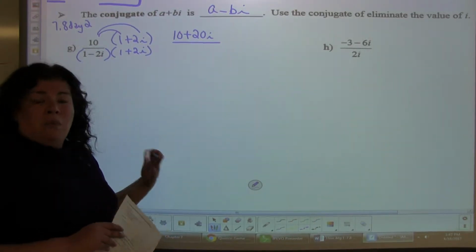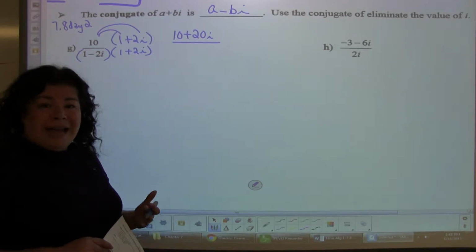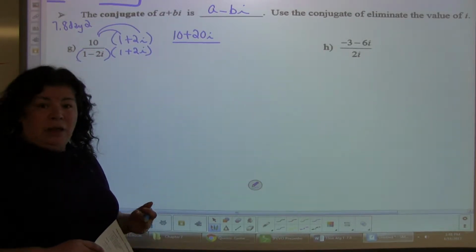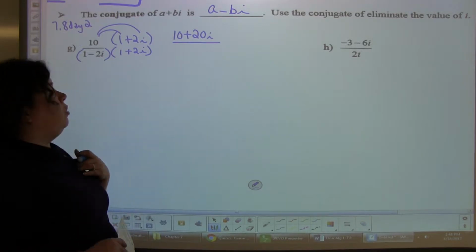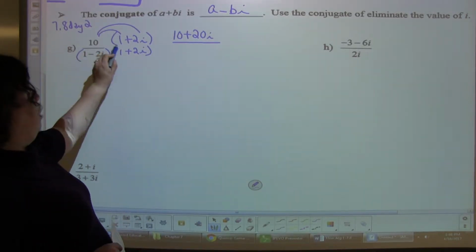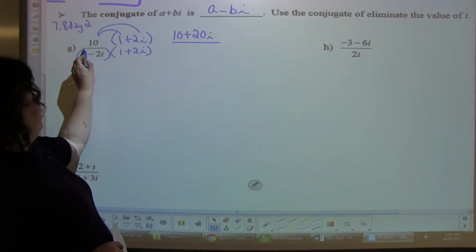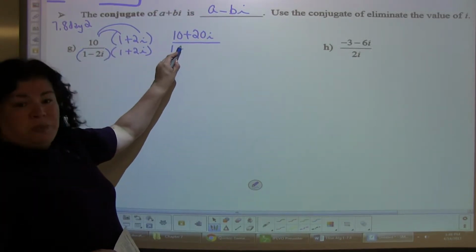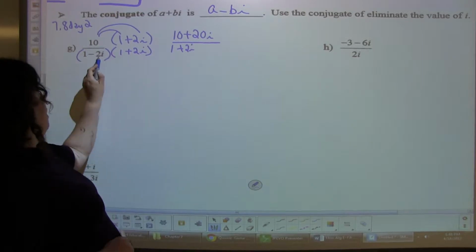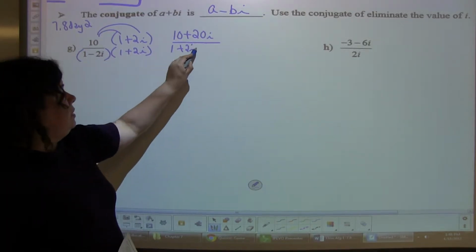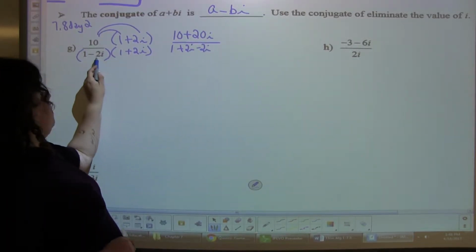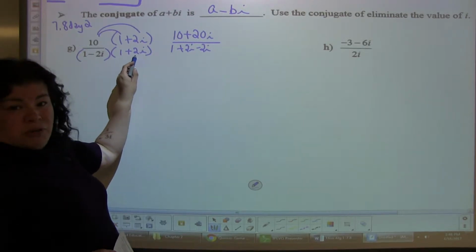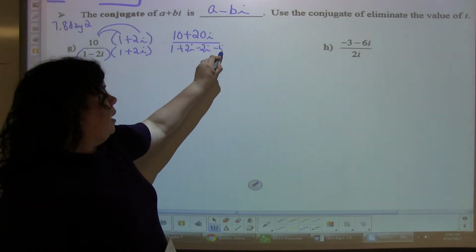When we multiply that, the product actually ends up being a real number. So, for example, when we multiply or FOIL this, we're going to get 1 times 1, which is 1, 1 times 2i, which is plus 2i, negative 2i times 1 is negative 2i, and then negative 2i times 2i is negative 4i squared.